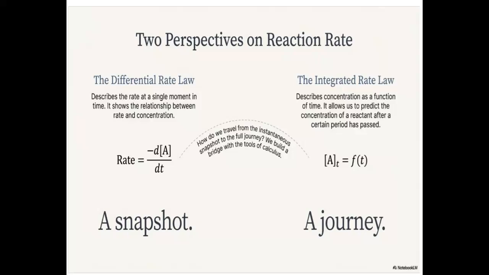And we can then use that to predict the value at any time. So what we're doing is taking a snapshot and taking it up into a more continuous situation, which makes more sense and is more flexible in terms of the calculations you can do.